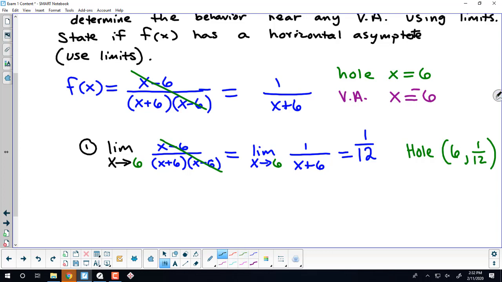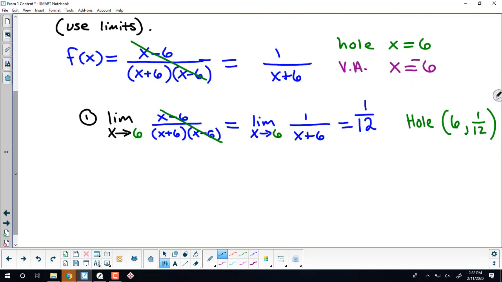The vertical asymptote: you need a limit from the left and from the right. So when we approach -6, we have to approach from both directions. So we're going to do part 1, the limit as x approaches -6 from the right and from the left.